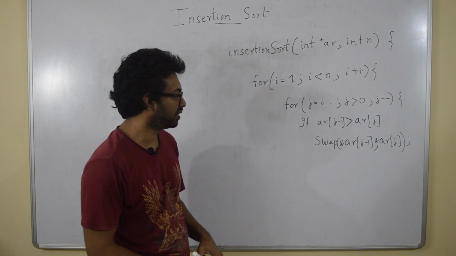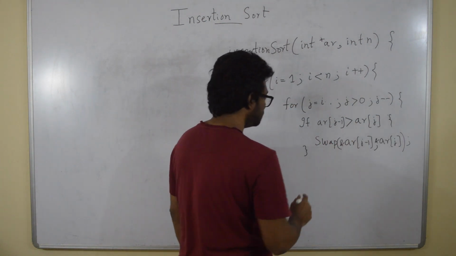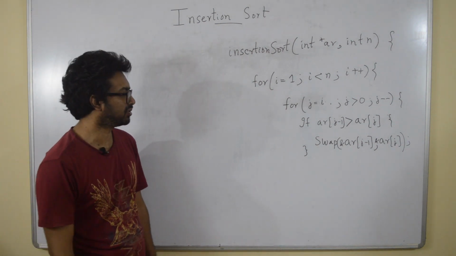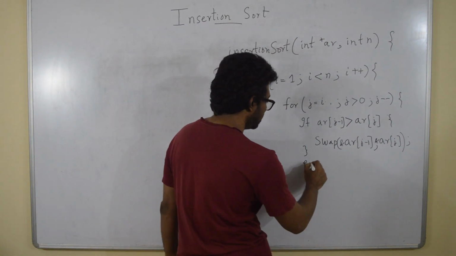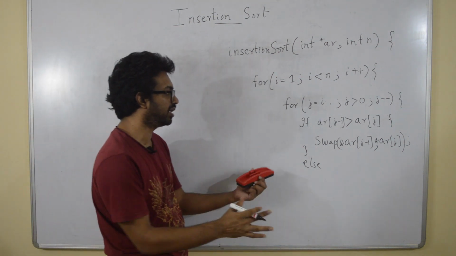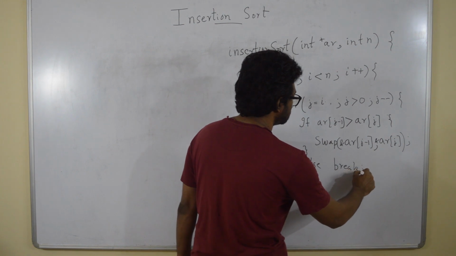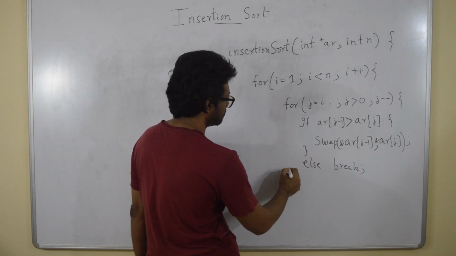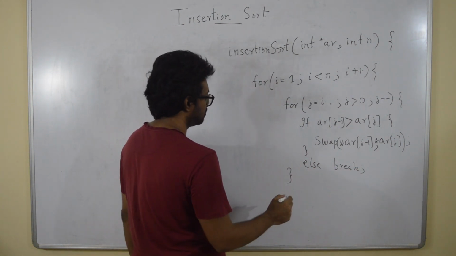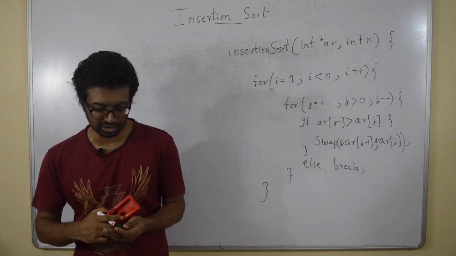That's inside the if statement. If there is a place to swap, I swap. Otherwise, else means you can't swap, then you just break out of this for loop. That's all. This is our insertion sort.